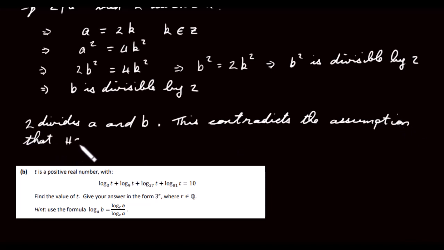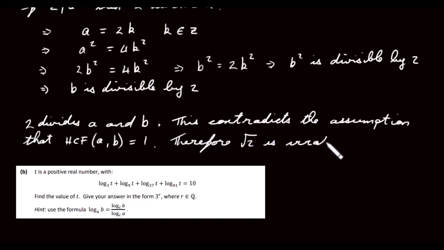This contradicts the assumption that the highest common factor of a and b is equal to 1. Therefore, root 2 is irrational. Okay, so that's it for part A.